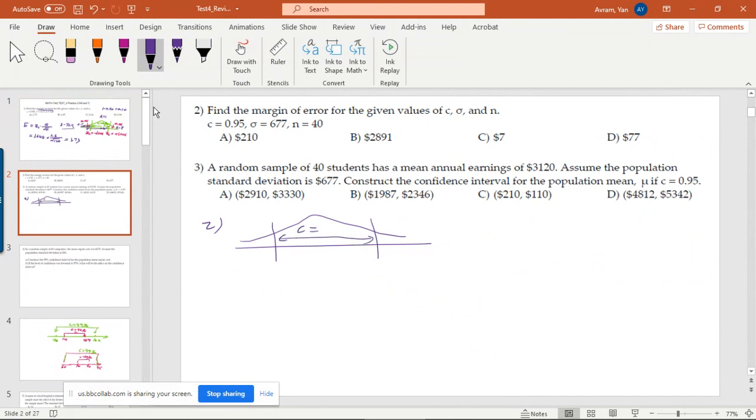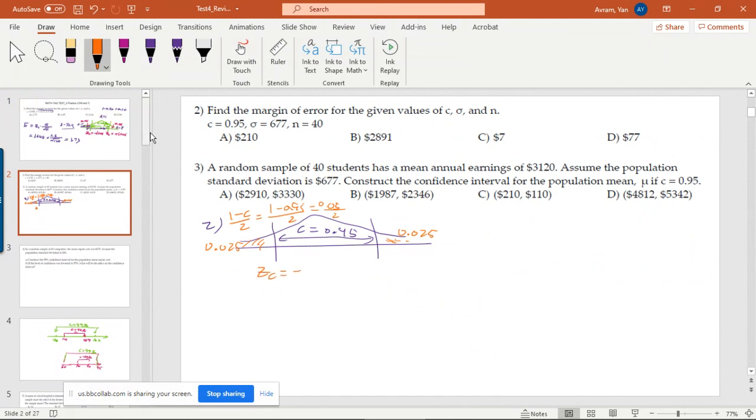The confidence level c is in the middle, 0.95. So how do we find these two tails? For each tail, you can use 1 minus c divided by 2. 1 minus 0.95 is 0.05, divided by 2, so that's 0.025.